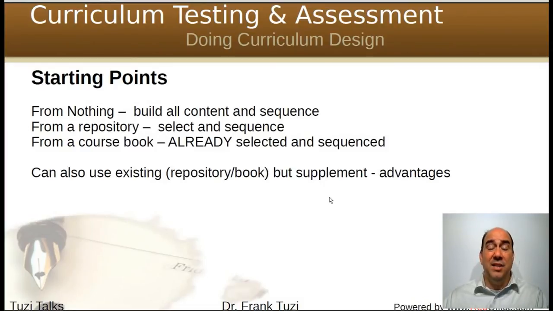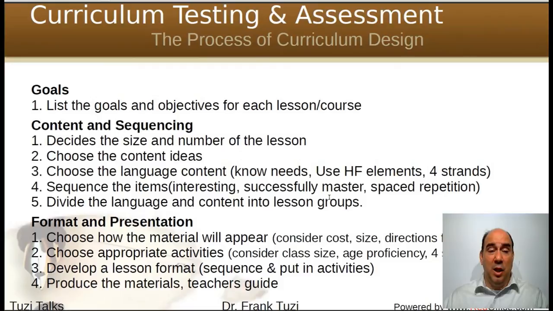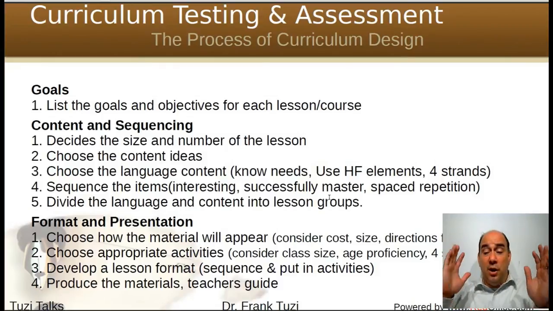So here are some starting points that you may want to look at. When you're setting up things, you're going to have a variety of elements that you need to walk through. Obviously, you're going to need to list the goals and the objectives for each lesson and for each course. Okay, so your objectives are your larger types of things that you're going to want to look at.